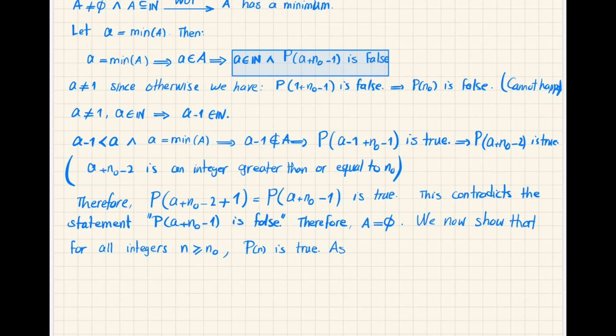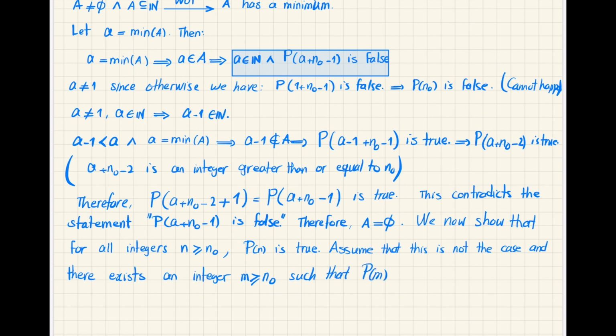Assume that this is not the case. And there exists an integer m greater than or equal to n node such that p of m is false.